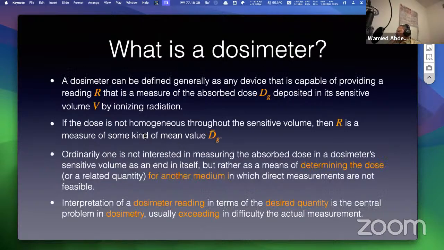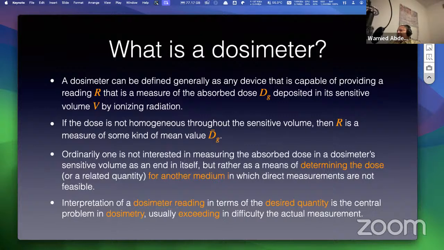So what is a dosimeter? A dosimeter can be defined generally as any device that is capable of providing a reading R that is a measure of the absorbed dose or exposure or any of these quantities deposited in a sensitive volume by ionizing radiation.